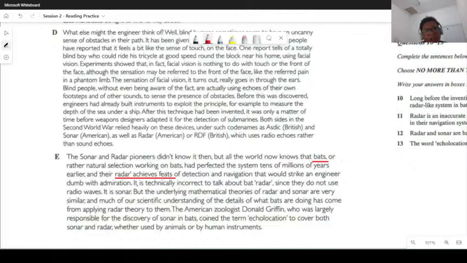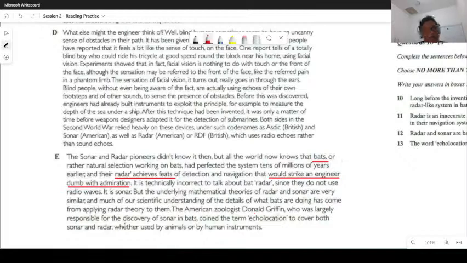Okay, so is there any word that indicates that this is helping? Oh yes, that would strike an engineer dumb with admiration. So it helped the engineer. Absolutely. It is technically incorrect to talk about bat radar since they did not use radio waves. It is sonar, but the mathematical theories of radar and sonar are very similar. Much of our scientific understanding of what bats are doing has come from applying radar theory to them, who was largely responsible for this.